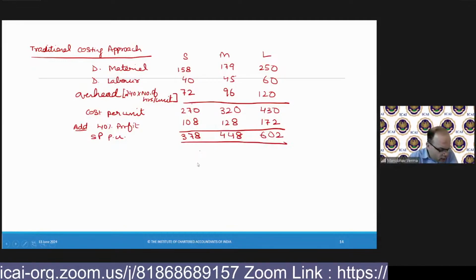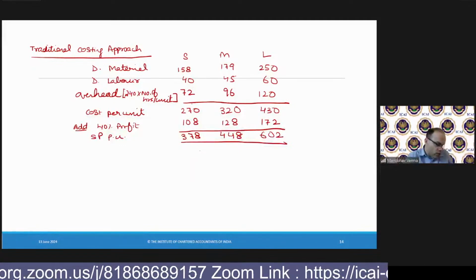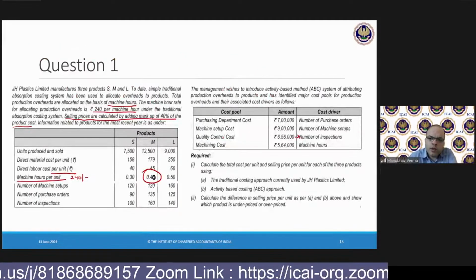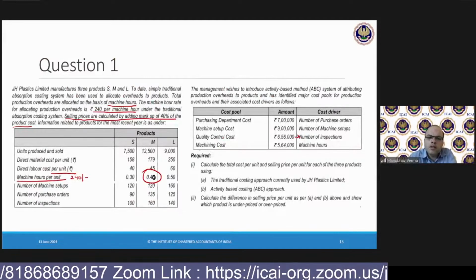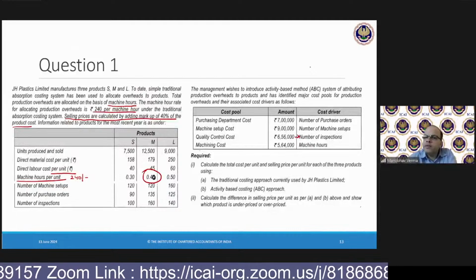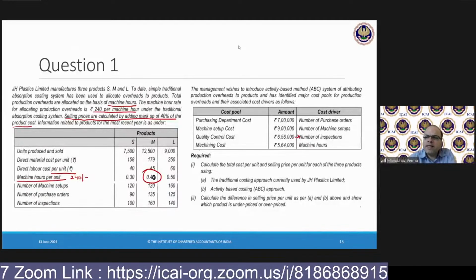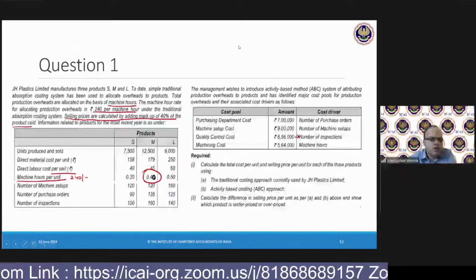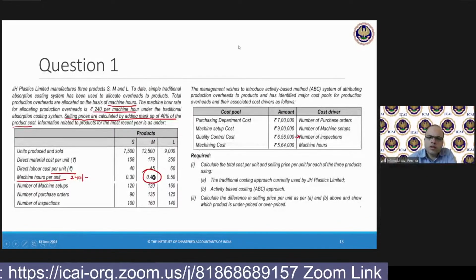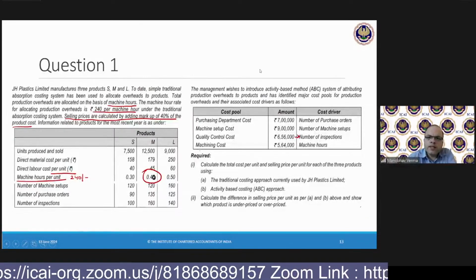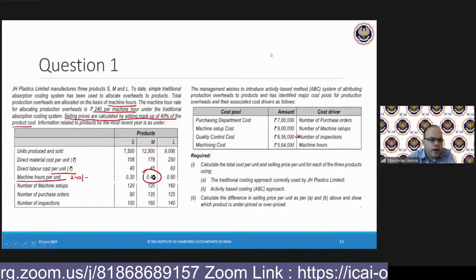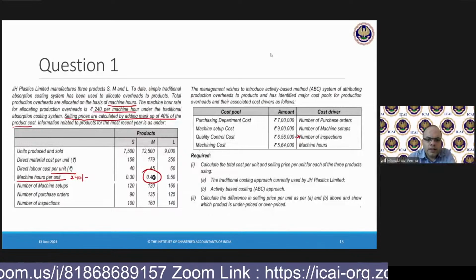So let's talk about the activity-based costing now. We are talking about some overheads given to us based on the drivers here. So purchasing department cost, we are saying number of purchase orders. So let's do that calculation. We're talking about these overheads, and I think you can quickly do a cross check also in terms of the overheads we are looking at.